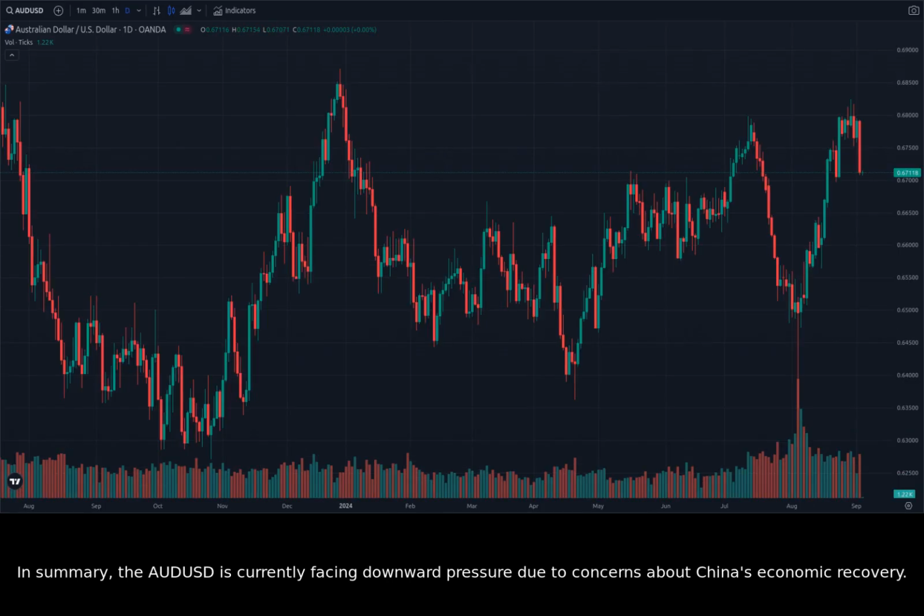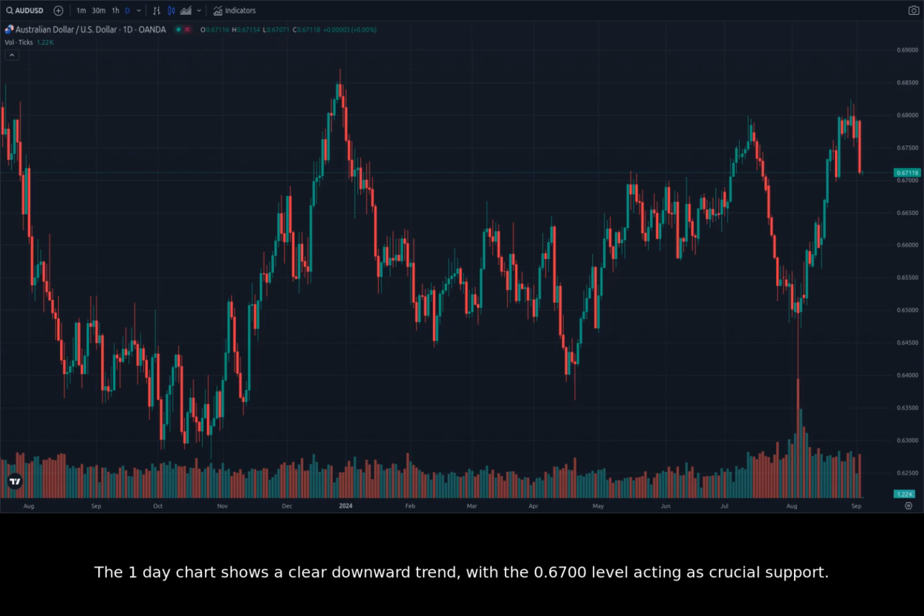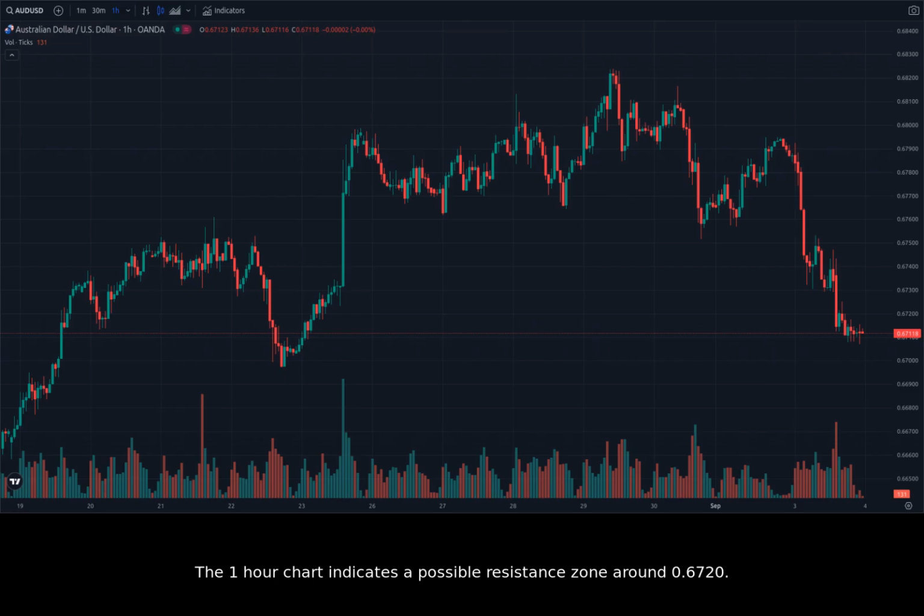In summary, the AUDUSD is currently facing downward pressure due to concerns about China's economic recovery. The one-day chart shows a clear downward trend, with the 0.6700 level acting as crucial support. The 1-hour chart indicates a possible resistance zone around 0.6720.